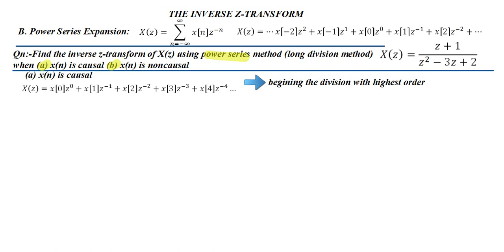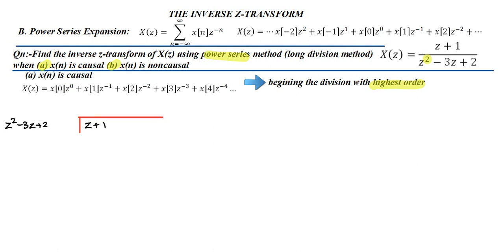Again we need to perform the long division. First we need to perform the causal case. For the causal signal we need to choose the highest order first. Here z square is the highest power, so I can write the term in this way: z plus 1 over z square minus 3z plus 2.